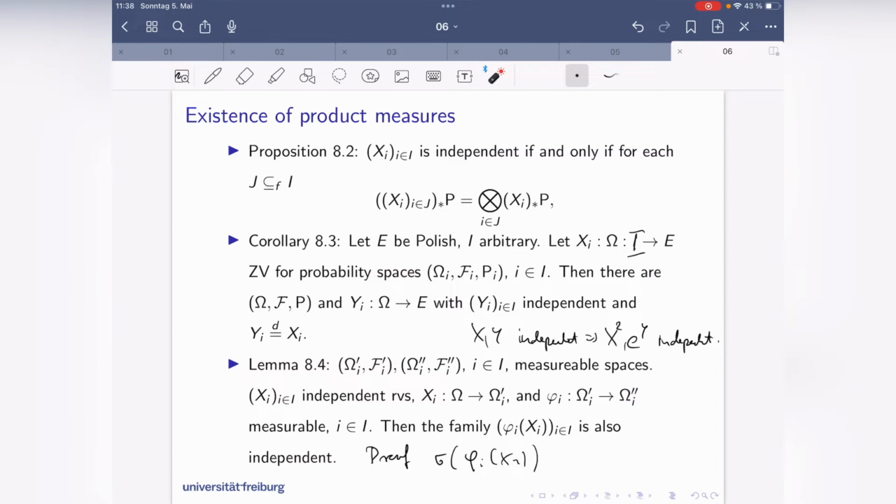So what I have is that this here is a subset of sigma of xi. And the reason, well, this here consists of all pre-images of phi I times xi, and this here consists of all pre-images of xi, and clearly this is a subset of this, because phi is measurable. So that's not hard.